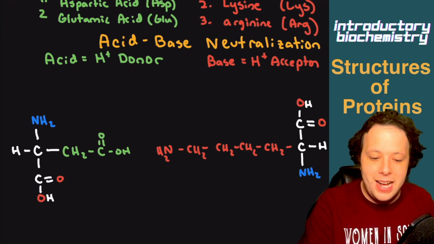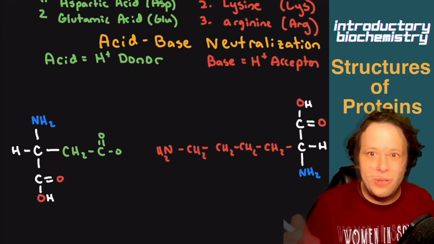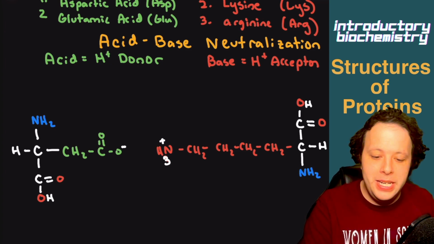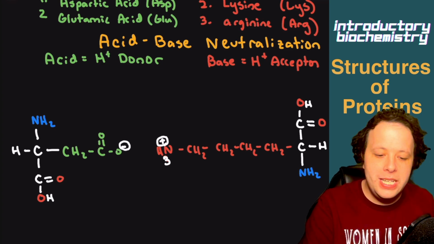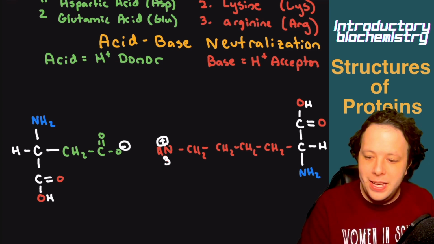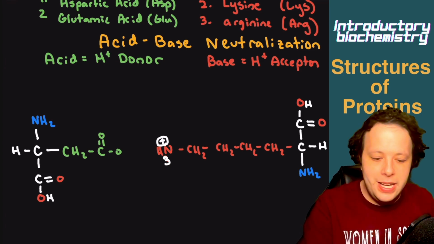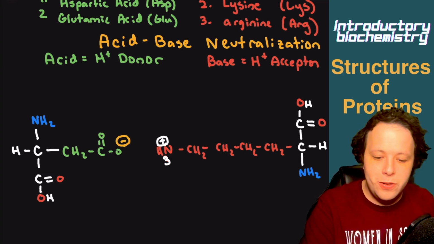When it loses that proton, it's going to be donated to the amino group on the other side. So the way that we are actually going to see this is you have a negative and a positive charge on both sides. We'll have a negative on our carboxylate group, and then we're going to have a positive on the basic group.